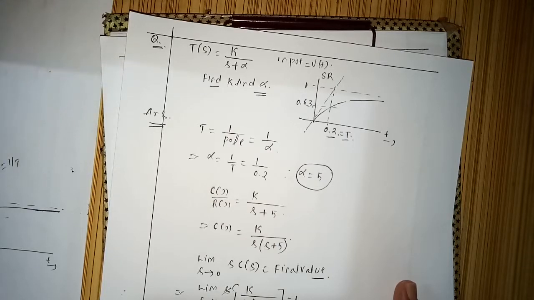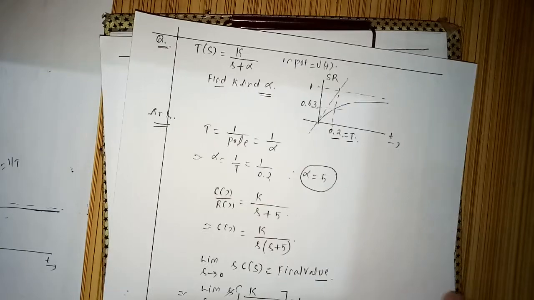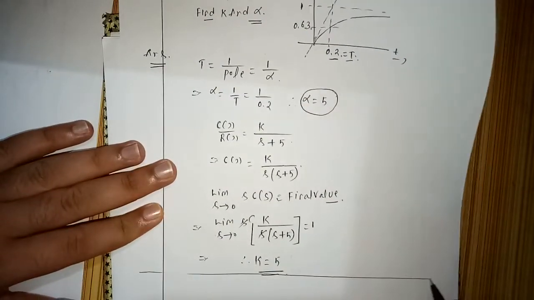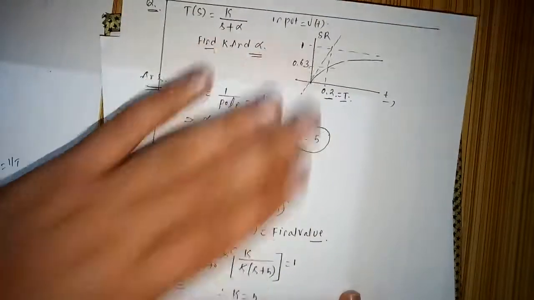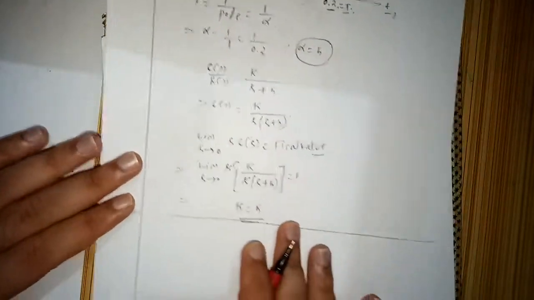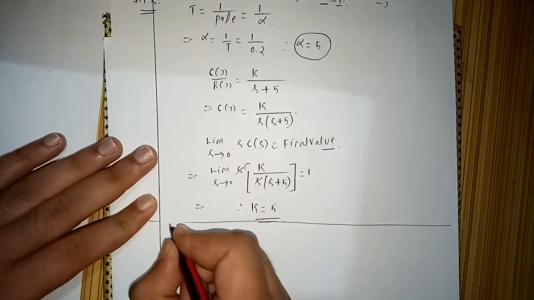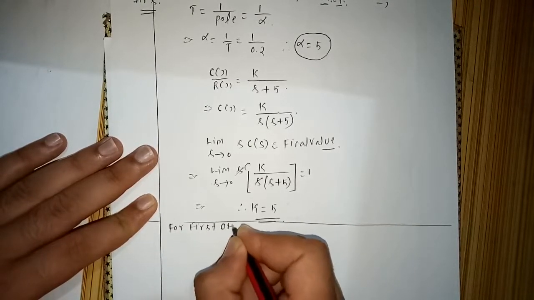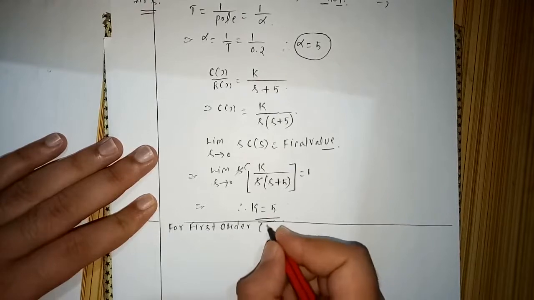So that's how we deal with such questions, and now we will discuss some of the important things in this graph. First of all, we will be discussing the first order system with step response.